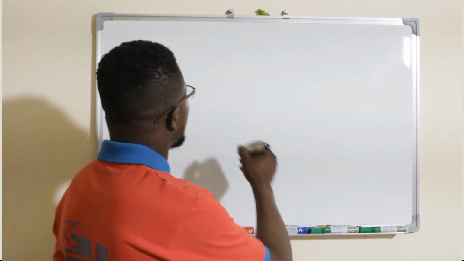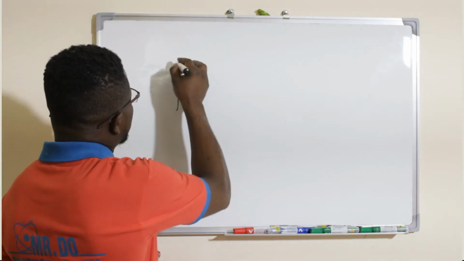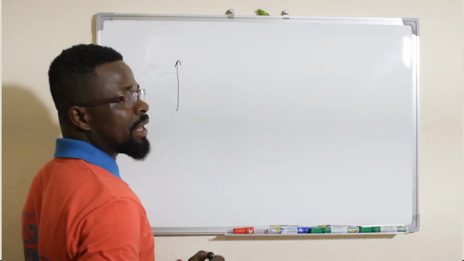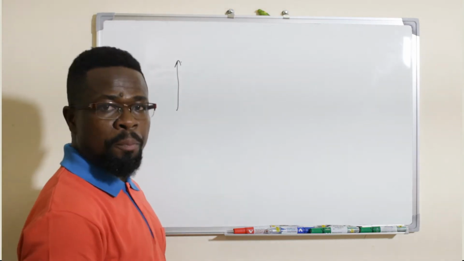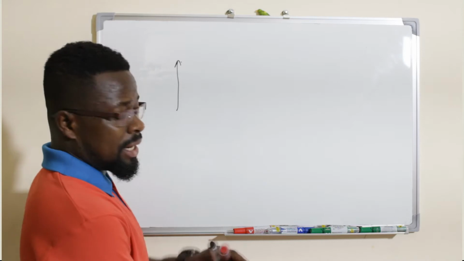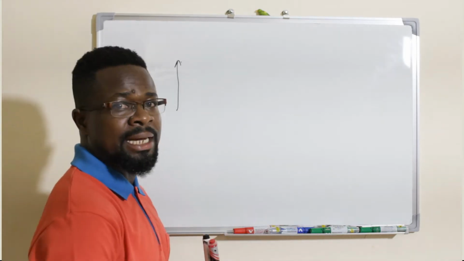So let's look at the first one. If I see a situation where an object is undergoing a vertical motion in an upward direction, that means I have an object and I throw it vertically upwards.